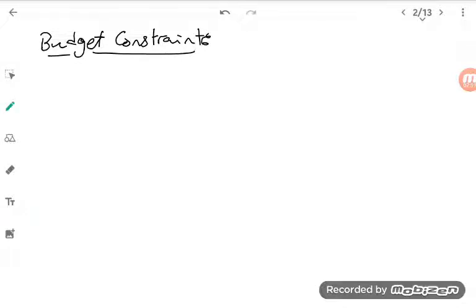Budget constraint, or consumption possibilities. Budget constraint consists of three main parts. Number one, income. You would like to distribute your money income between two different commodities, X1 and X2. This depends on the price of X1 and the price of X2.